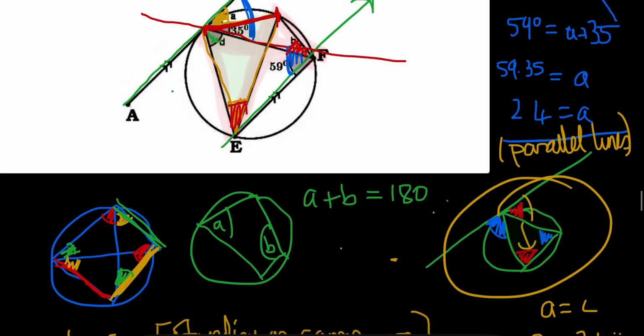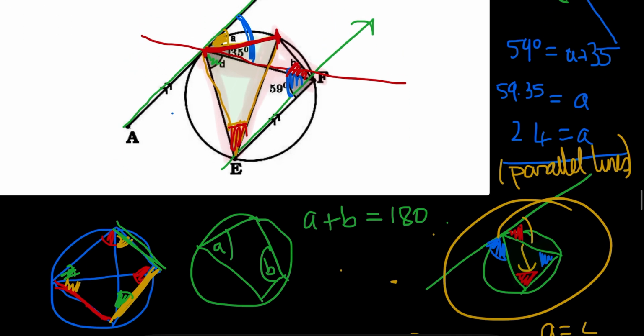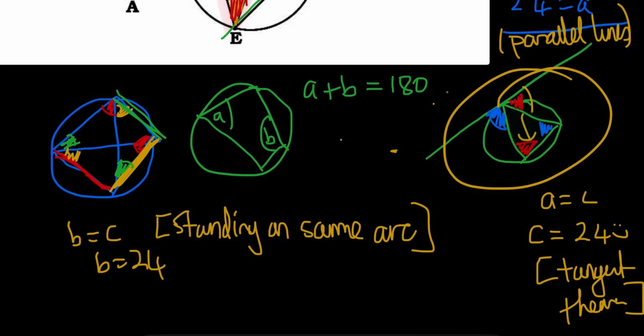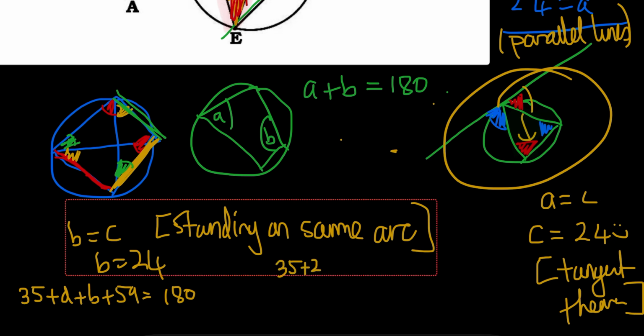We have 35, D, B, and 59. So 35 plus D plus B plus 59 equals 180. B is 24. So let's just do this: 35 plus 24 plus 59.